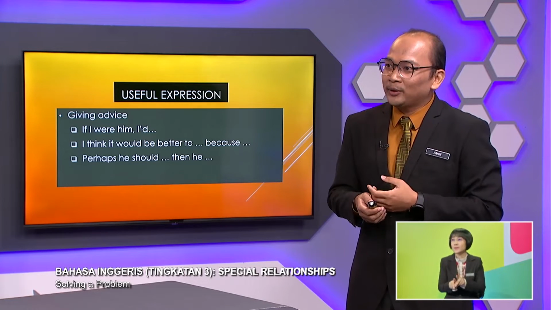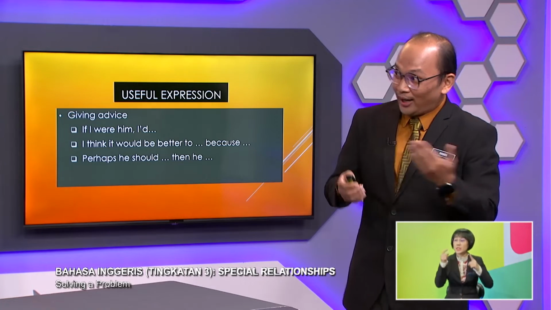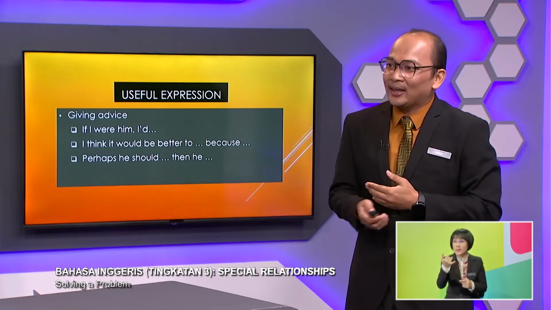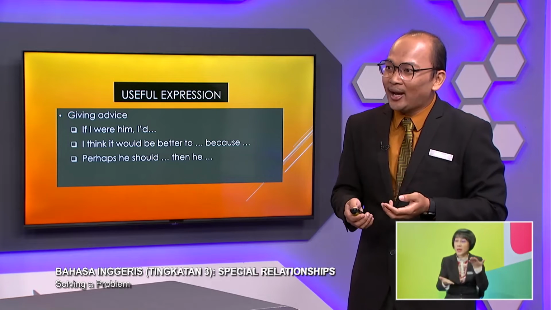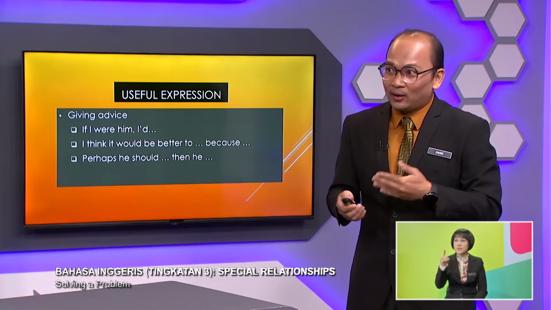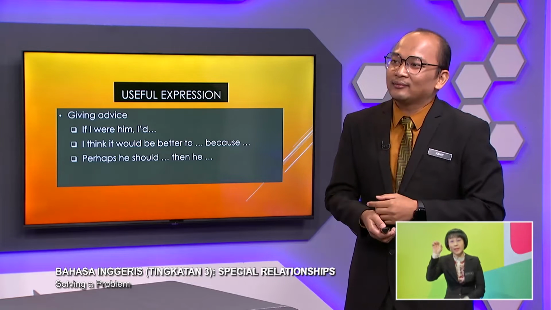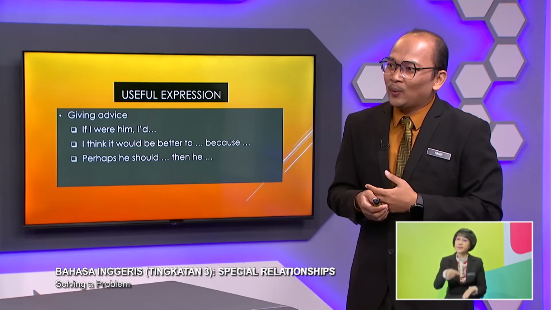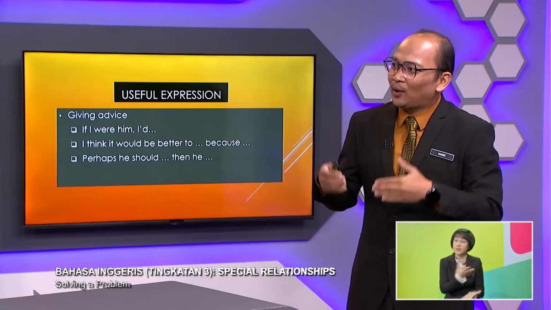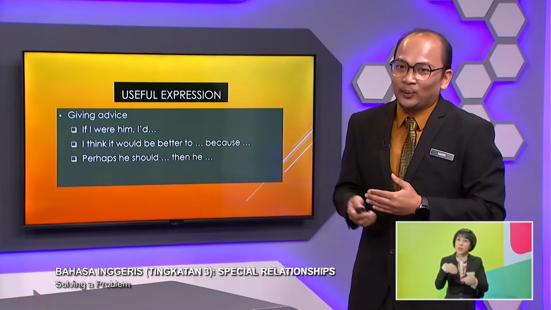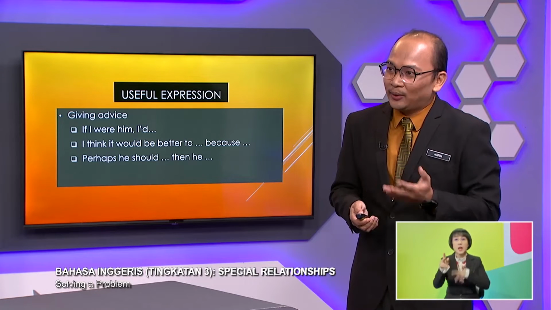Number two: I think it would be better to, and using because. Next one: perhaps he should, or then he could. This is always helpful when we want to put ourselves in someone else's situation, while giving advice.